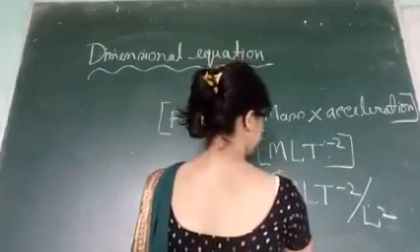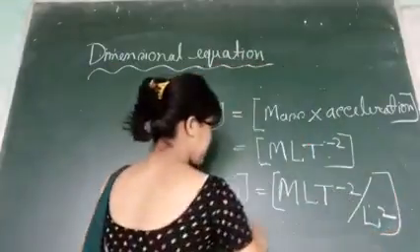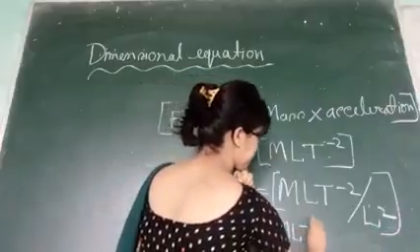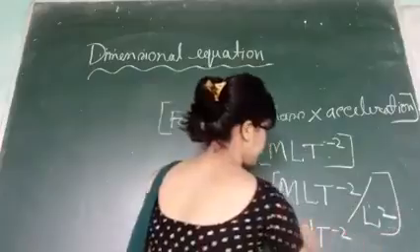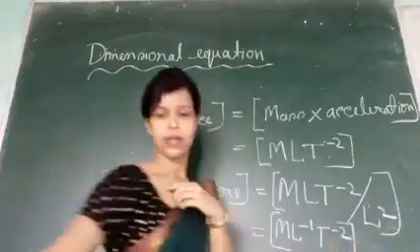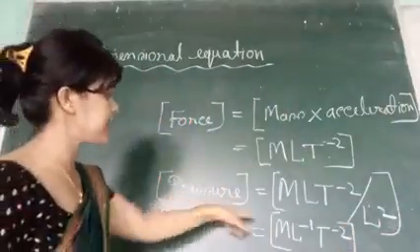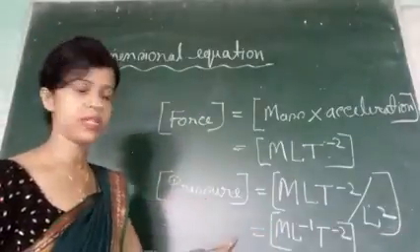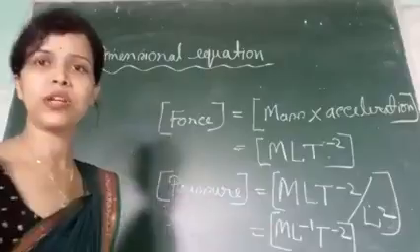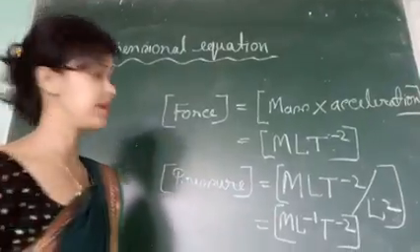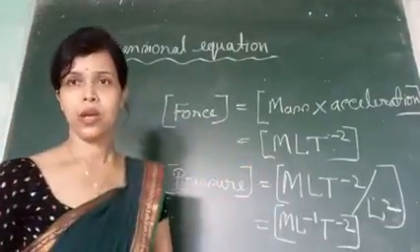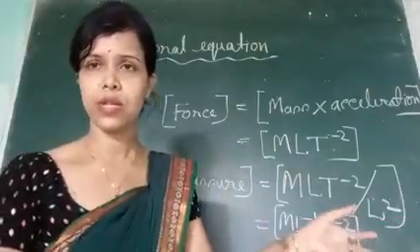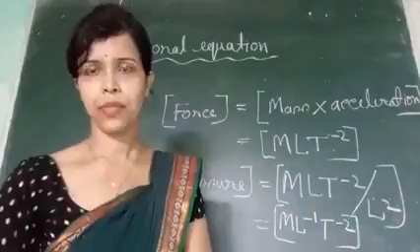So it will be M L to the power minus 1 t to the power minus 2. So the dimensional equation for pressure is M L to the power minus 1 t to the power minus 2. This is the required dimensional equation for pressure, and for force. In this way, dimensional equation relates the physical quantity with its dimensional formula.